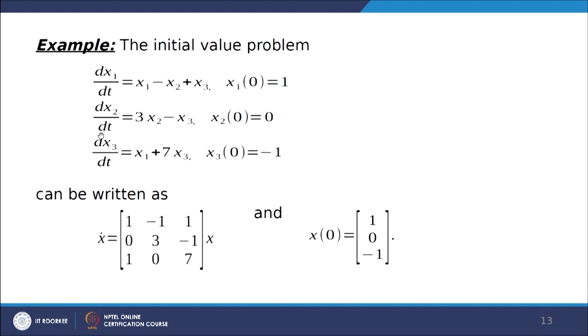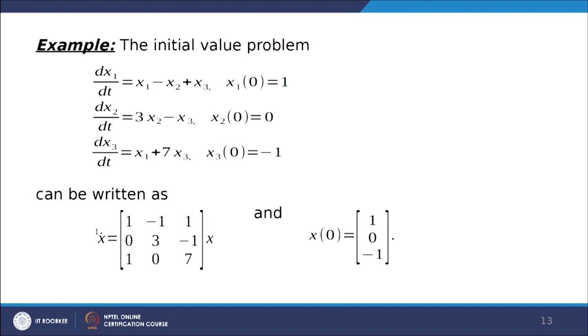Now, as in the previous example, here also if you take x(t) to be the vector valued function having components x1(t), x2(t), x3(t), then the left hand side of this system of equations is x dot (t), because x dot (t) is dx1 by dt, dx2 by dt, dx3 by dt.